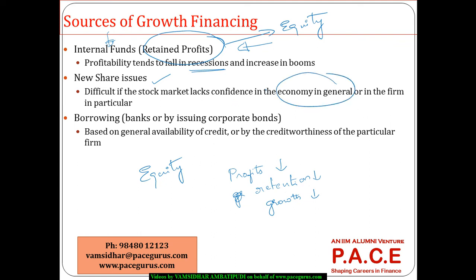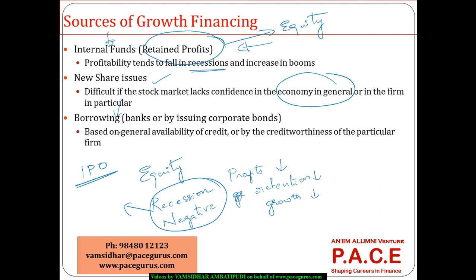But when the economy is in a lower phase, in a recession, and negative opinions start coming about the company, the confidence in the stock markets goes down. So in that case, even new share issues in the form of initial public offerings will traditionally go down.